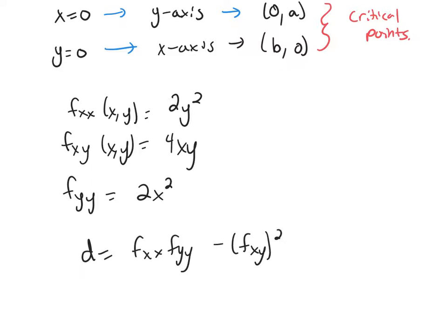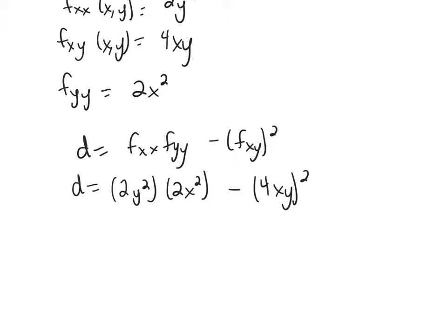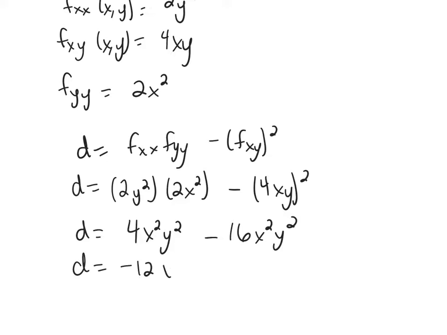So let's plug in here. What's fxx? It's 2y squared times 2x squared, minus (4xy) squared. D will be 4x squared y squared minus 16x squared y squared. So D will be negative 12x squared y squared.